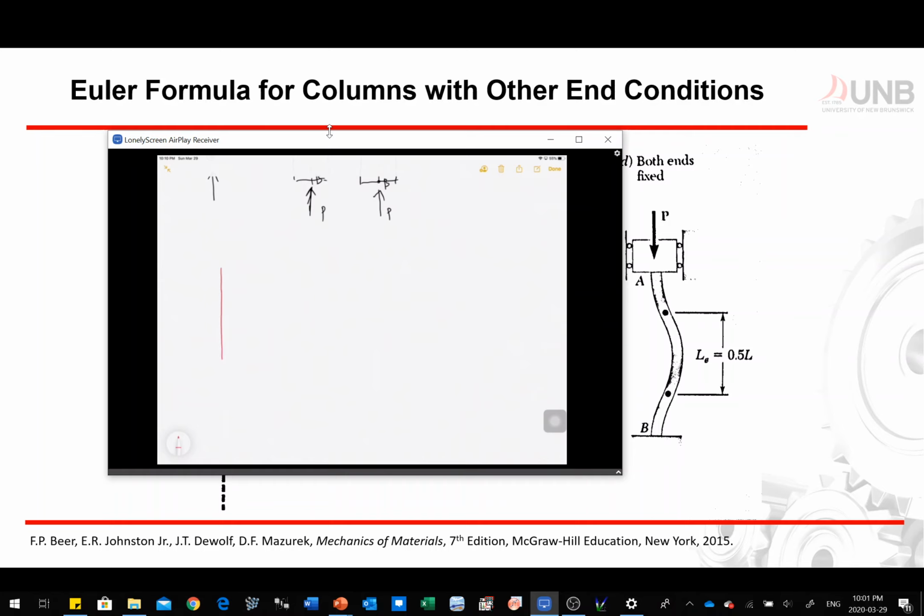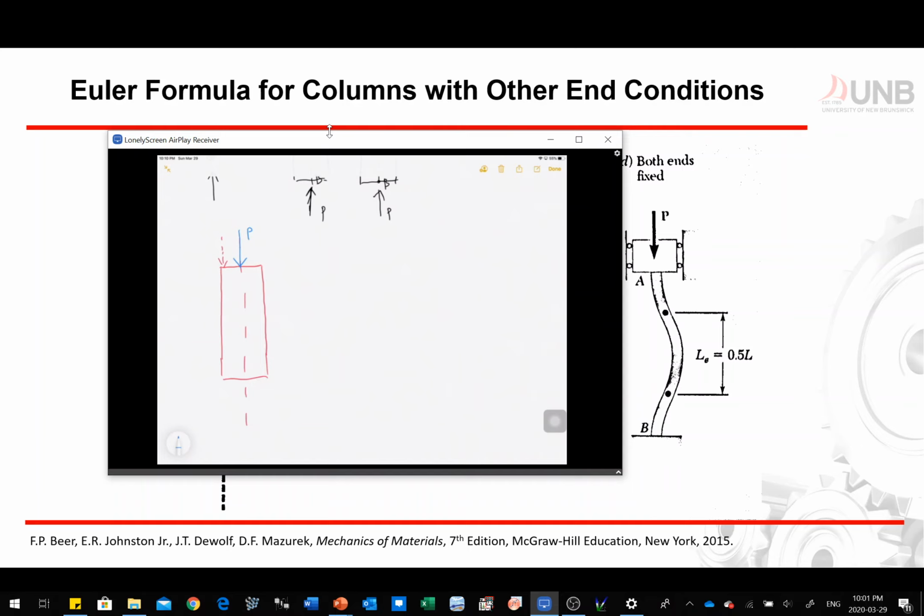So let's say it's our new column. Now we can move P to the center, so the new location is this P right here. However, take note that once we move a force from one point to another, we also produce a moment.